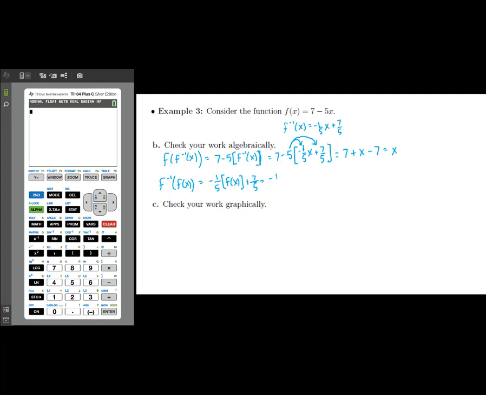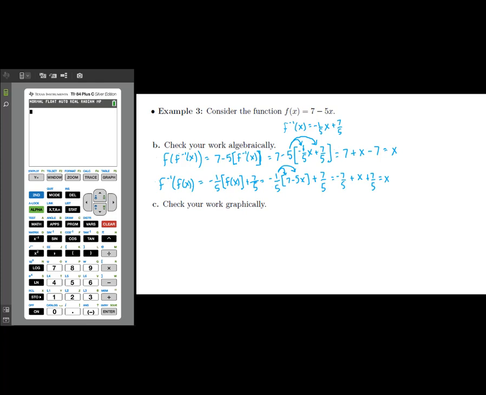But then f of x is 7 minus 5x. So when I distribute negative 1/5 through, we get negative 7/5 plus x plus 7/5, and so once again x is all that survives there.